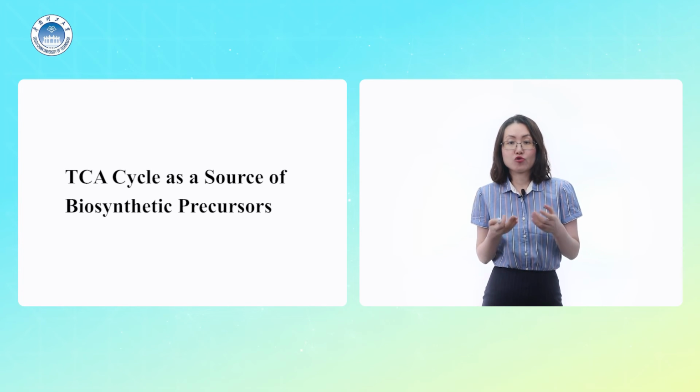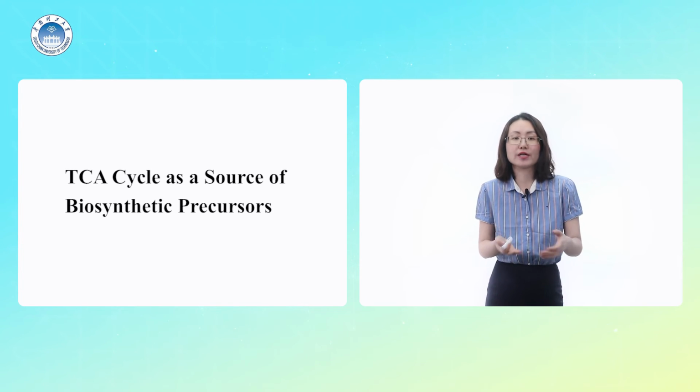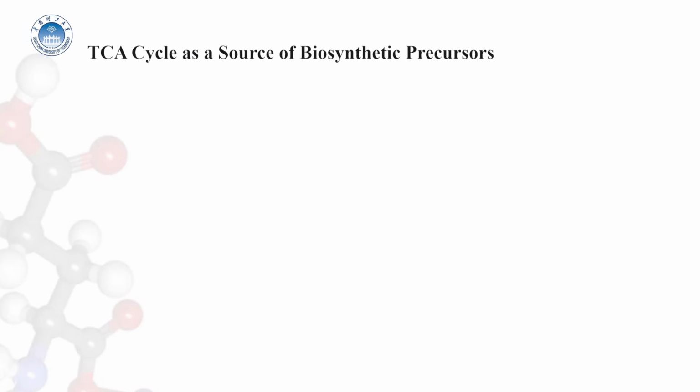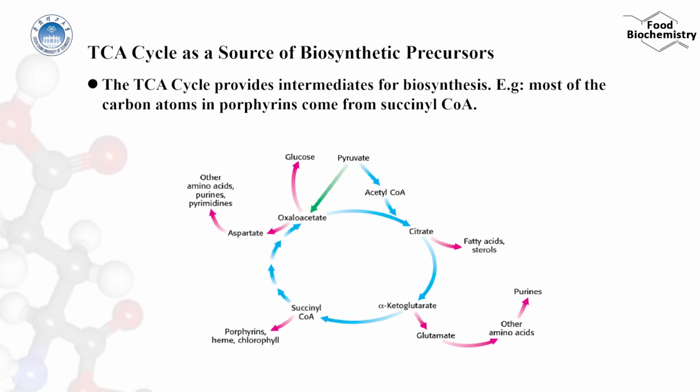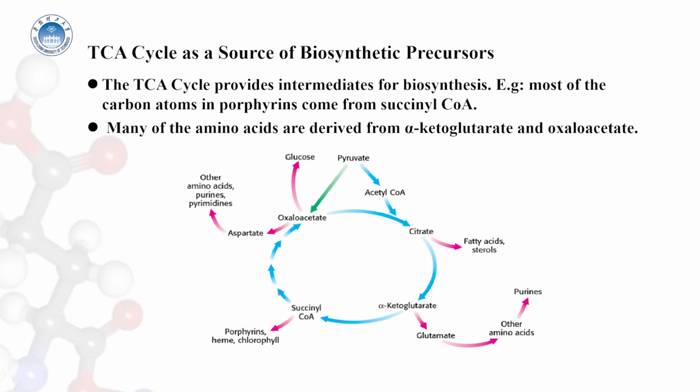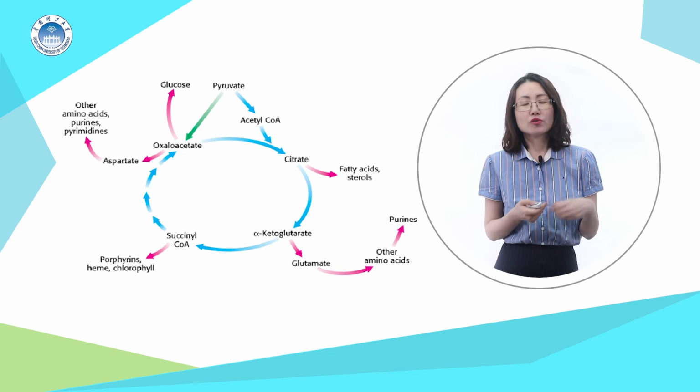TCA cycle as a source of biosynthesis precursors. As a major metabolite hub of the cell, the TCA cycle is an important source of intermediates for biosynthesis. For example, many of the carbon atoms in porphyrins come from succinyl-CoA, and most of the amino acids are derived from alpha-ketoglutarate and oxaloacetate.